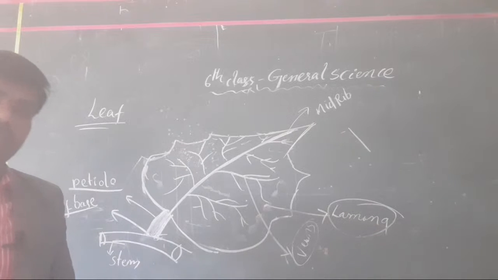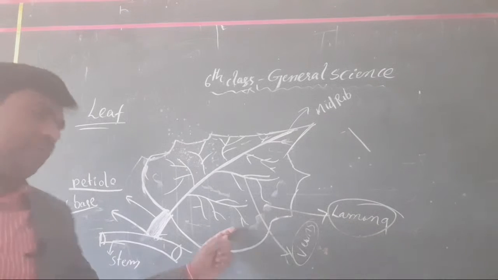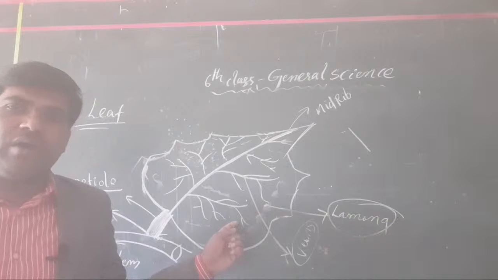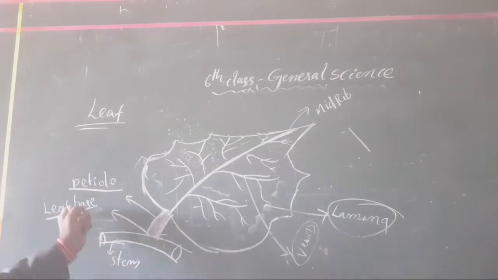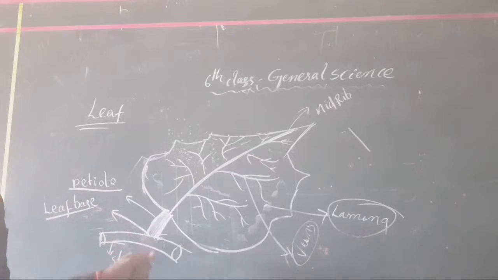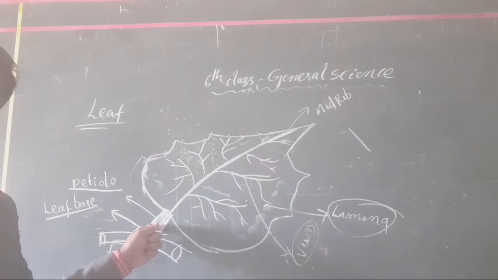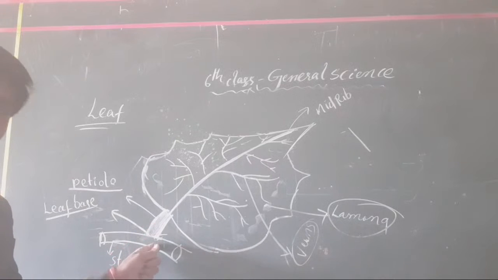Why is it compulsory? What work is done by it? Clear or not, all of you? And what work is done by the petiole? What work is done by the leaf base? It gives the connection between the stem and the leaf.